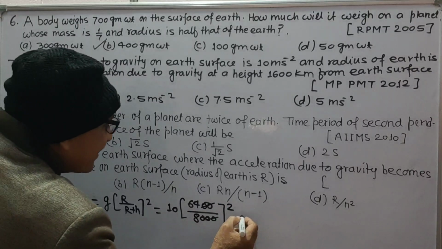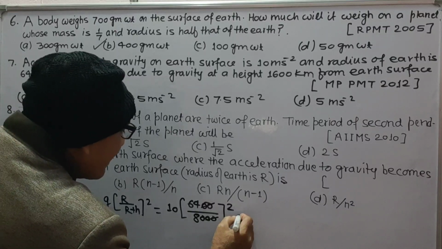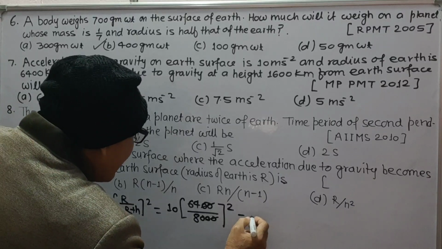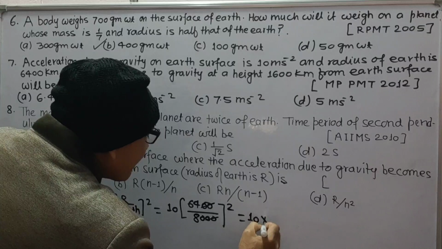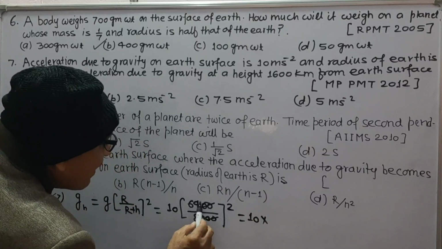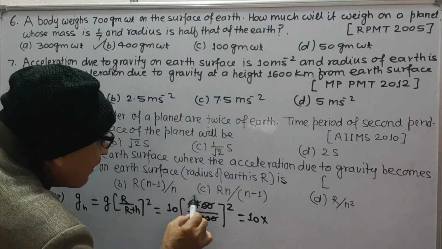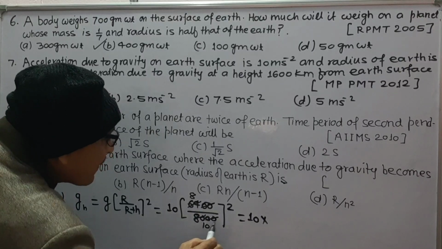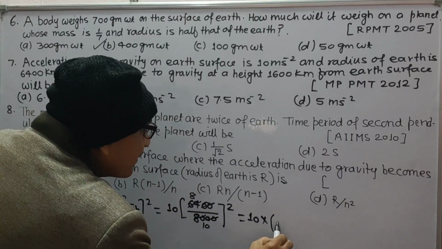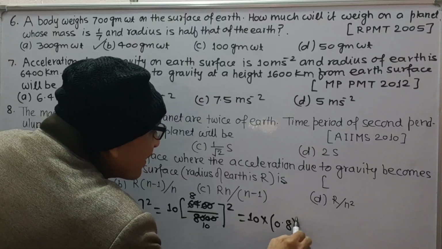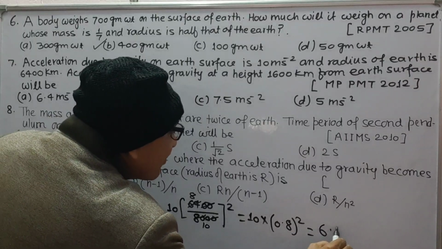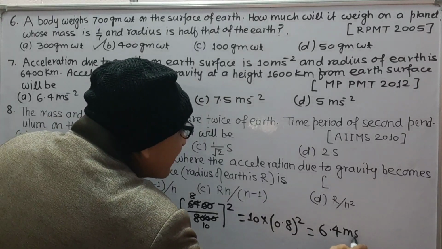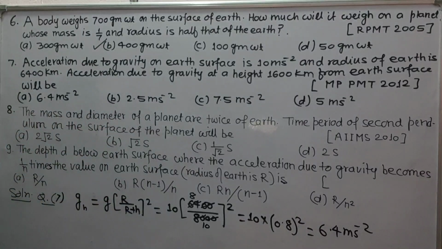So it gives 10 into (8 upon 10) means 10 into 0.8 whole square, which gives 6.4 meter per second square. So the correct option will be A.